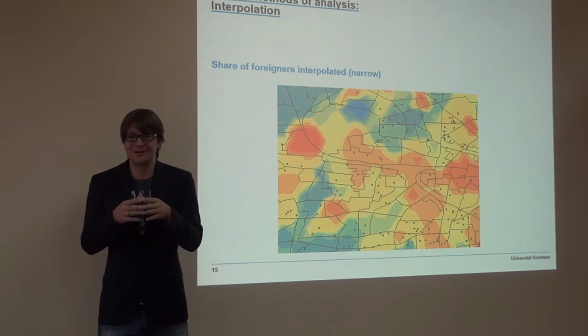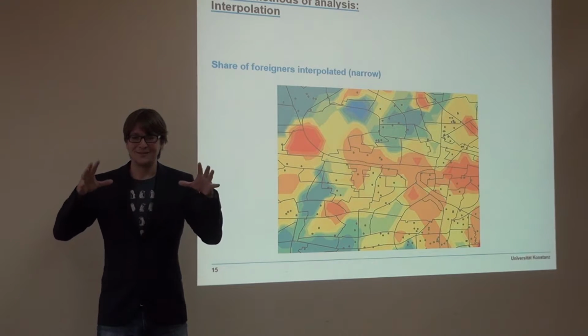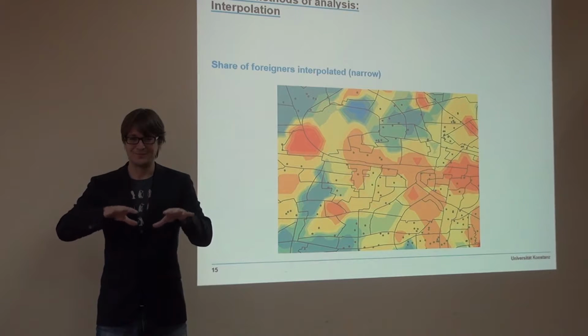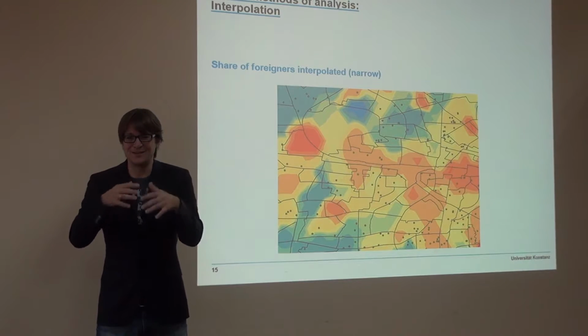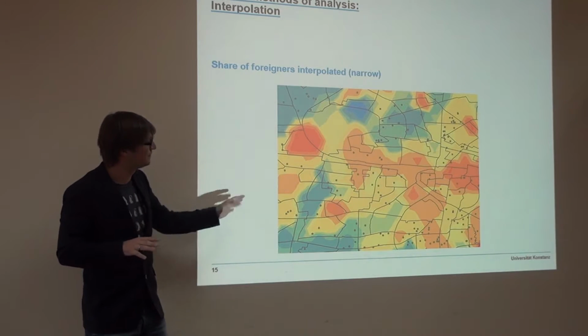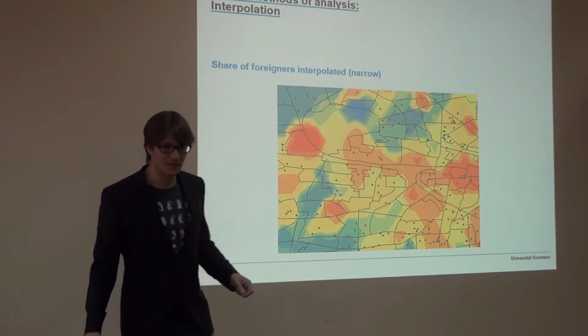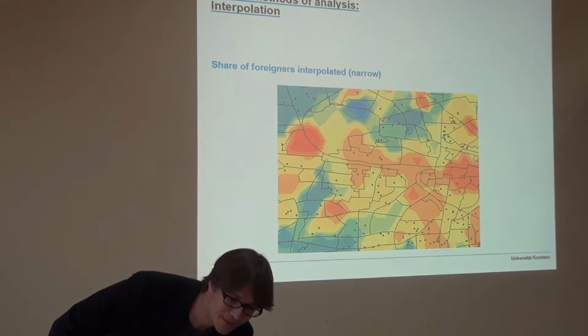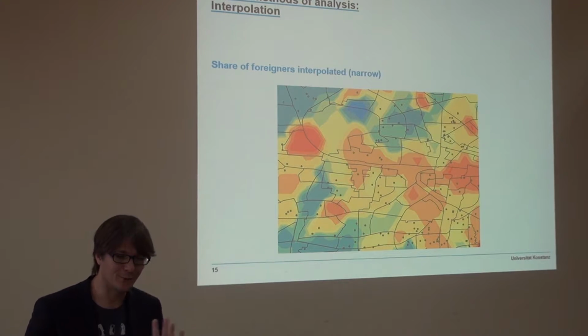He does not think in neighborhoods, but in the surroundings of this flat, and this would be the result. But of course you have to answer a lot of questions when you interpolate. One is how far you go with the information, how large the surrounding is that you take into account.